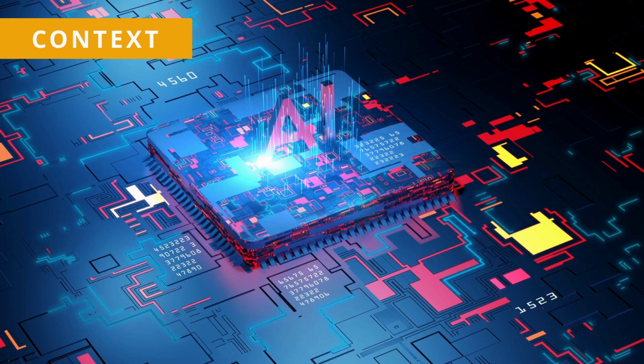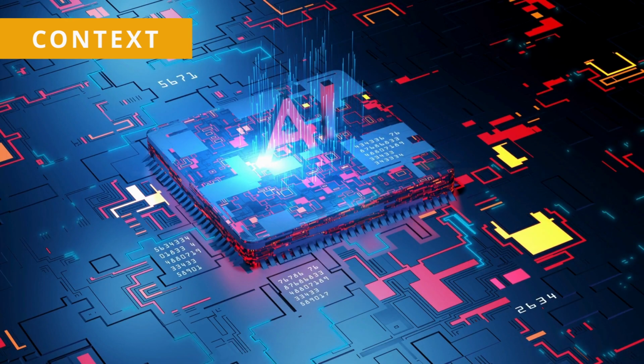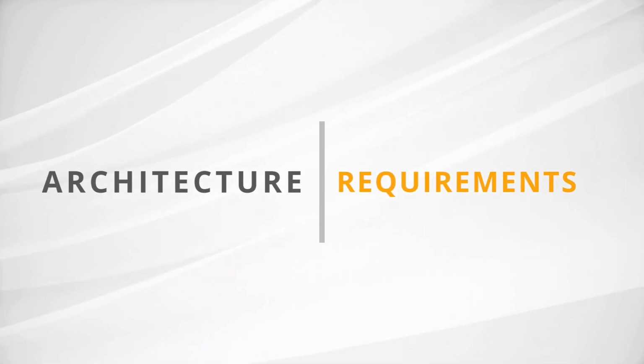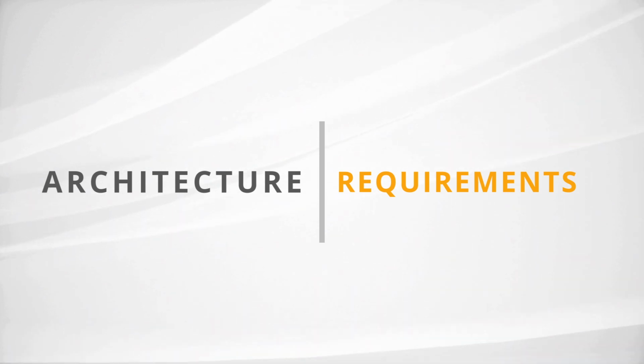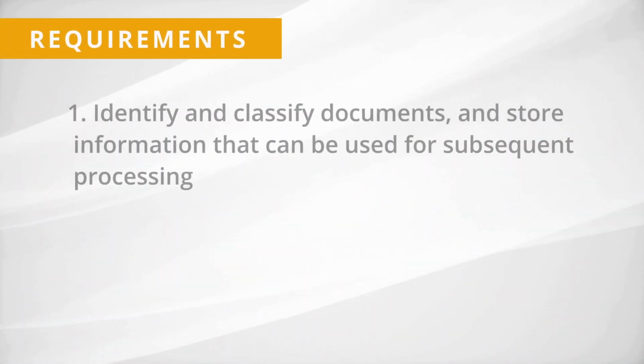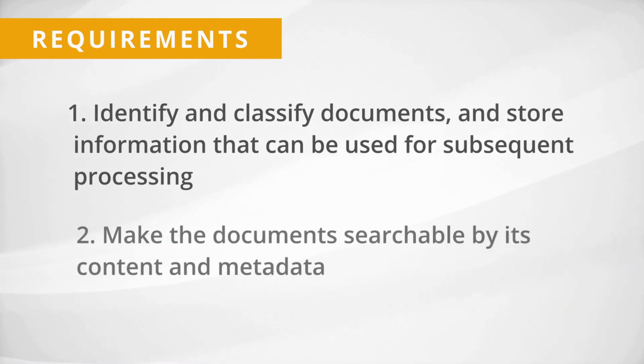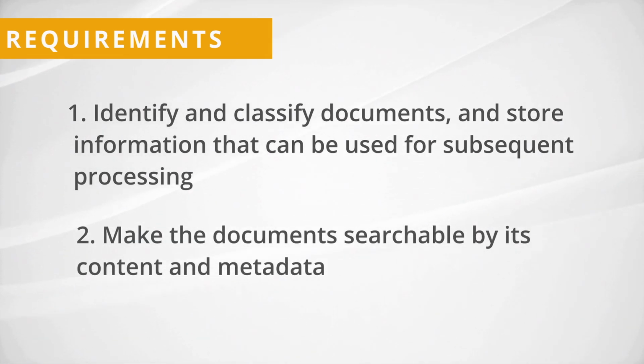The latest AI services are well suited to these needs and make processing documents simpler and more efficient. Before looking at the architecture, let's first define the requirements. The first requirement is to identify and classify documents and store information that can be used for subsequent processes. Second, make the documents searchable by their content and metadata.